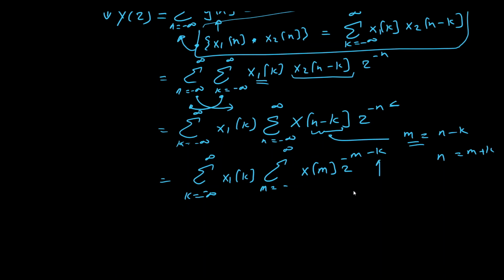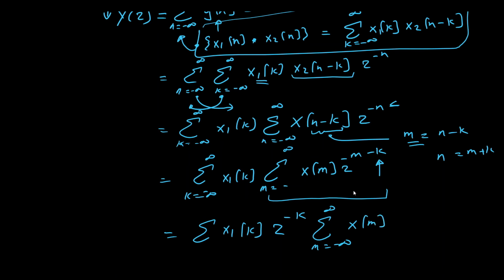But again, this k is not a variable of this summation, so we can extract it out of this summation. So this would be x1 of k, z minus k, and m minus infinity to infinity x of m z minus m.